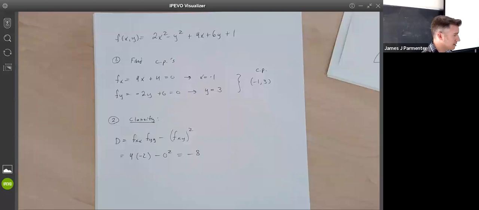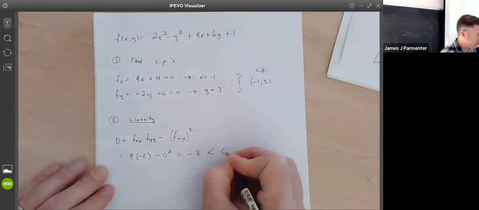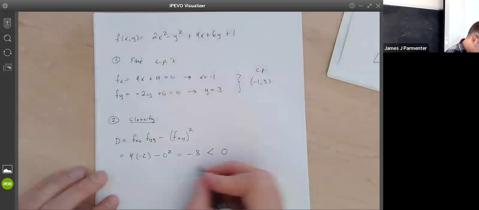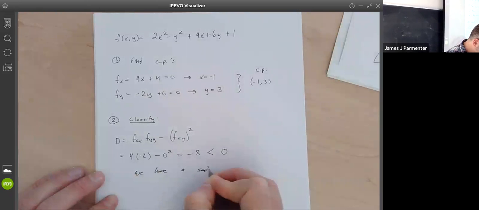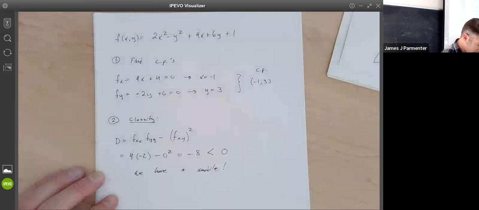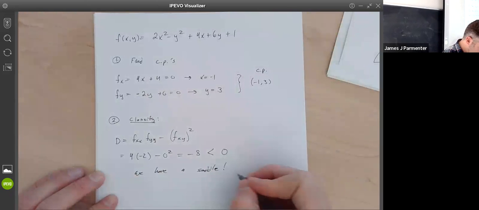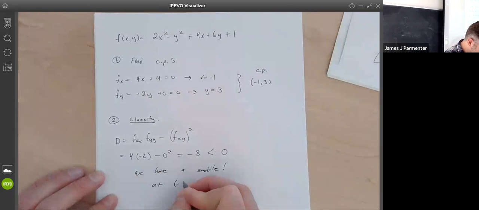That's -8. So if D is positive, like in the previous example, you either have a max or a min, and you have to check one more thing. If D is negative, it means you have a saddle. Let's just say we have a saddle at -1, 3.